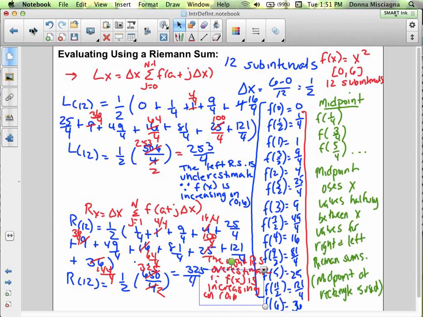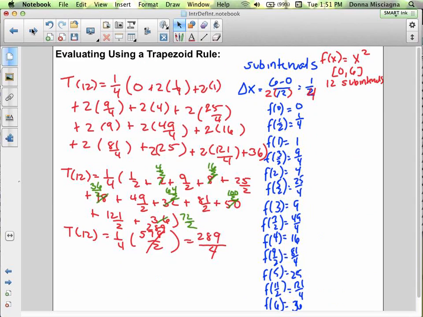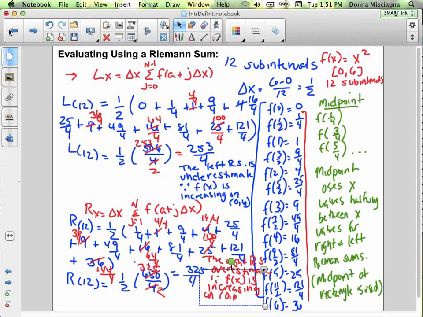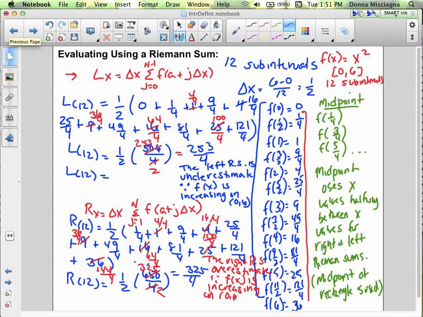Now, we've done some approximating. Now let's find the actual number. I'm going to put the decimals here so you can see them. So the left Riemann sum here, as a decimal so we can compare, was 63.25.